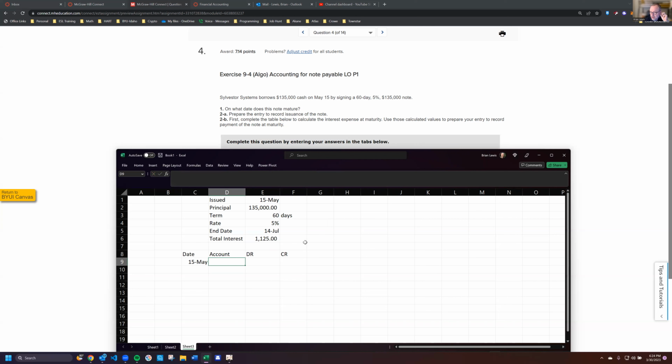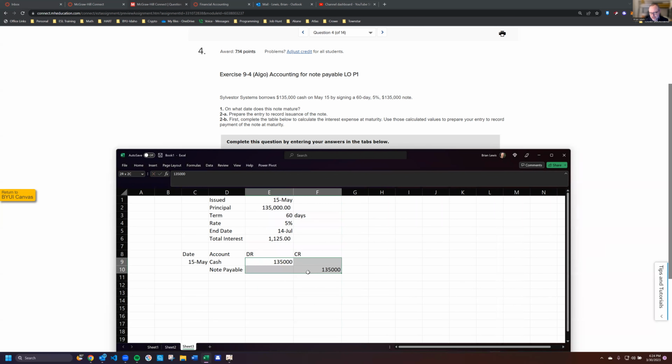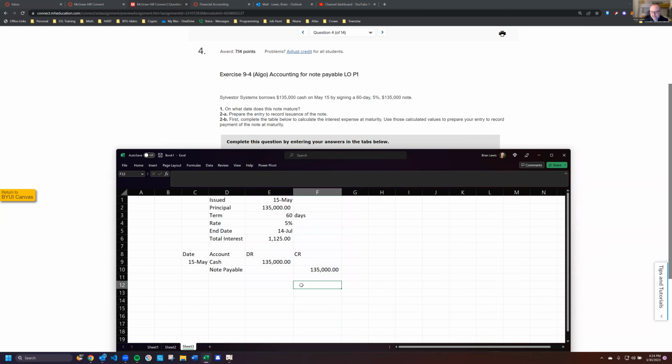You issued a note payable. So Sylvester Systems borrows, and this is the important part, $135,000 in cash. So there's cash and they're getting $135,000, right? And there's a note payable that is set up for the 135,000. Column width, let's make this 15 again, give me some space, and let's make these all numbers.